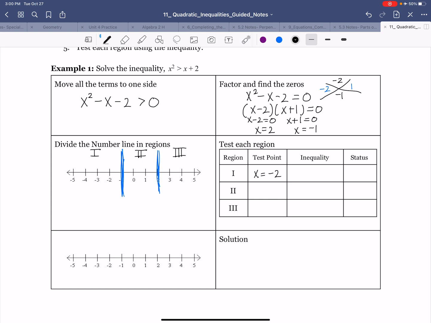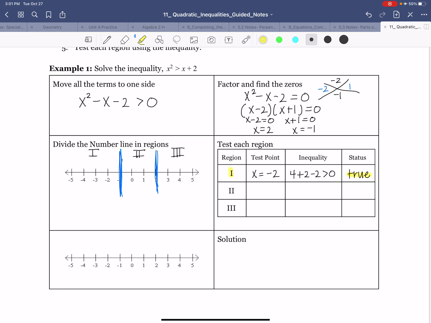So we're going to get negative 2 squared is 4. Negative x will give me a plus 2. And then we'll get a minus 2 is greater than 0. Is this true or false? So 4 is greater than 0. This is true. So region 1 is true. So that means the answers will fall here.